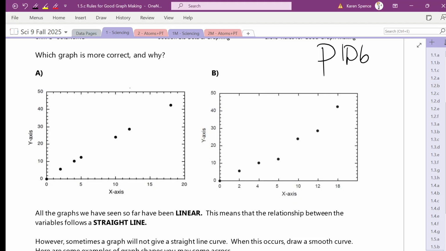What do you guys think, A or B? Oh, A, actually, here we go.